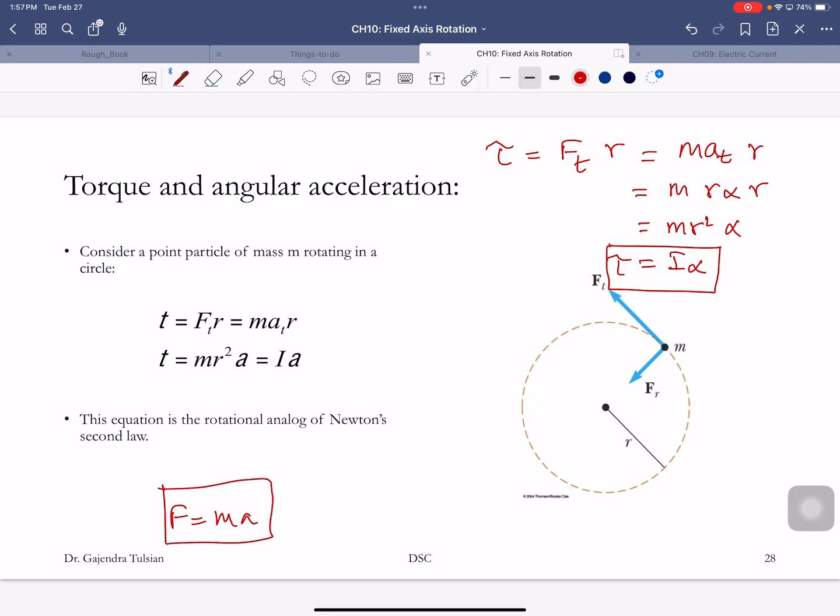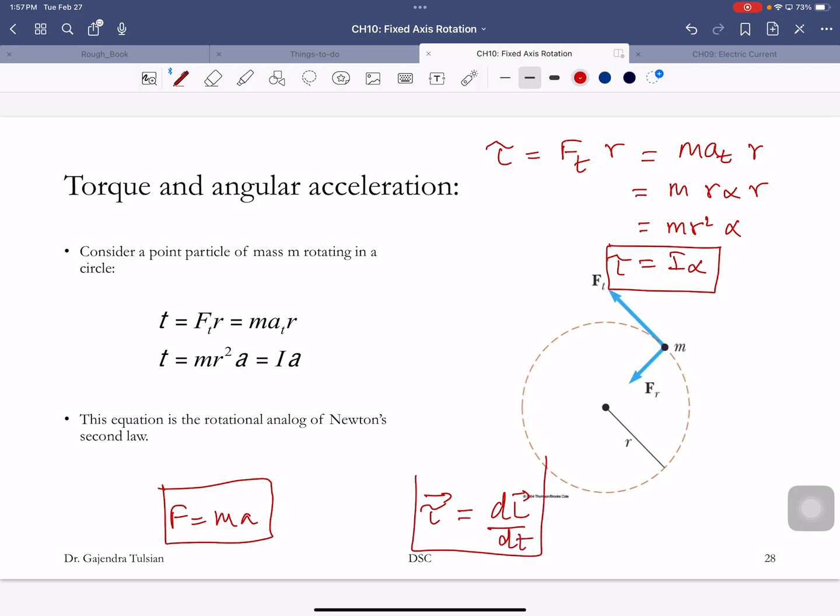And hidden in all of this is, when was this valid? F equals ma was valid when mass wasn't changing. When is this valid? When I does not change. So this is Newton's second law when I is constant. And we'll tell you the real form of Newton's second law next chapter.